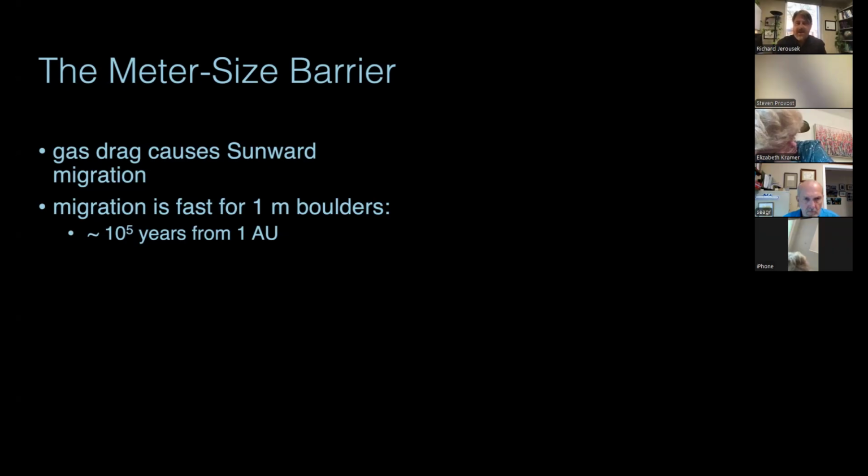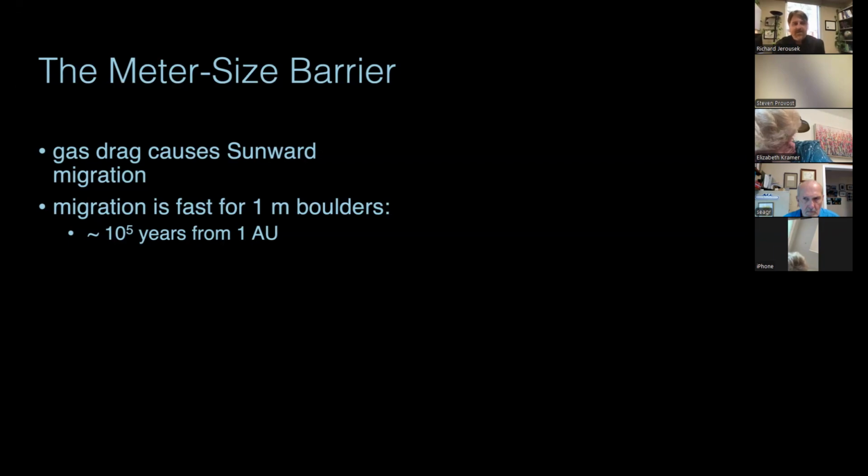You can calculate how long it takes for a 1 meter sized boulder to go from a distance of Earth's orbit around the sun and spiral into the sun, and it's only about 100,000 years. So that's short on the scale of the solar system.